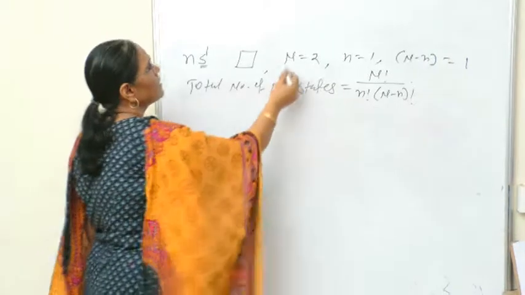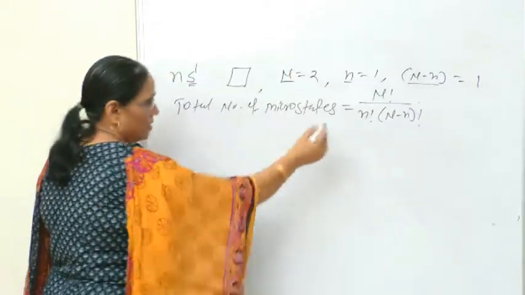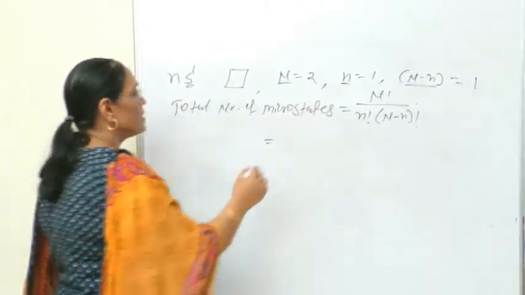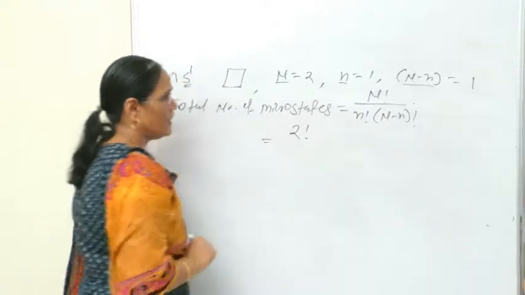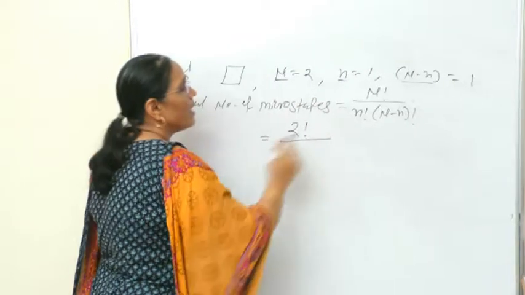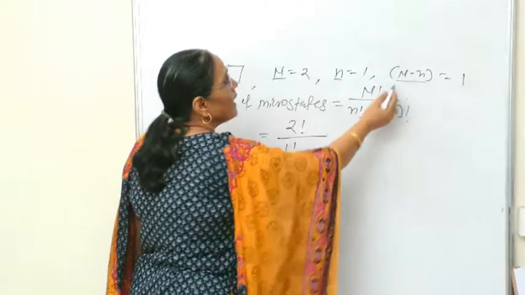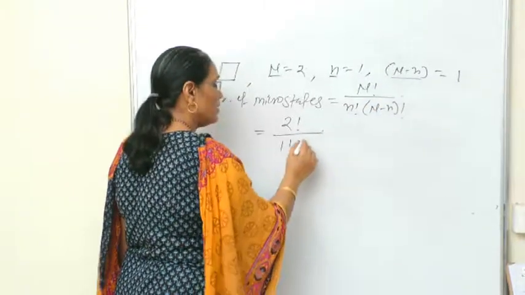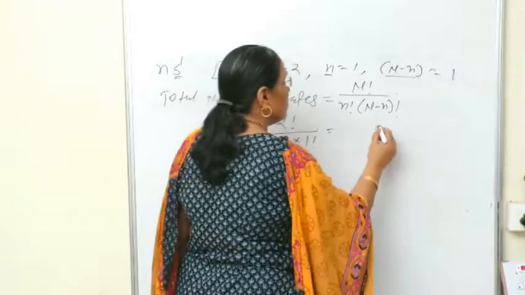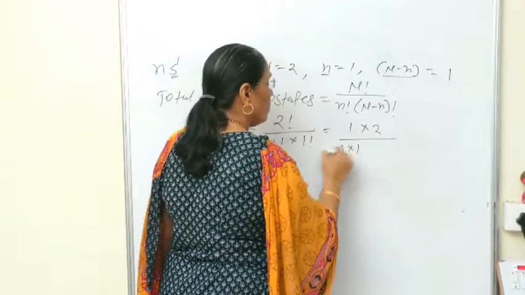By putting these values of N, small n and N minus n in this equation, the total number of microstates can be calculated as 2 factorial, since N is equal to 2, divided by small n, 1 factorial, into N minus n, that is 1 factorial. It can be solved as 2 into 1 by 1 into 1.